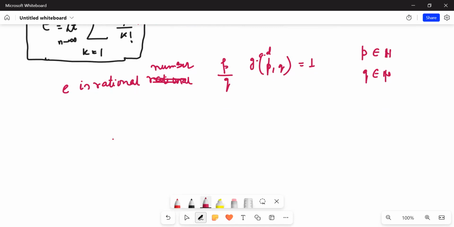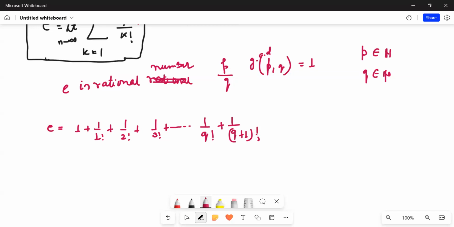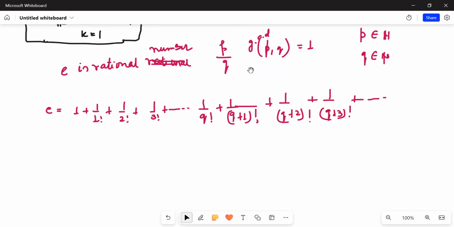Now just think about this. If e is a rational number, which can be written in the form of P by Q, and if I multiply Q factorial on both sides, this particular thing would be an integer.